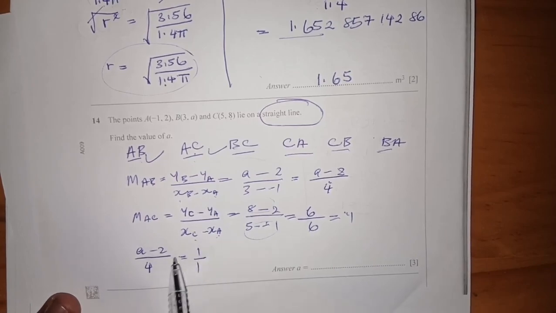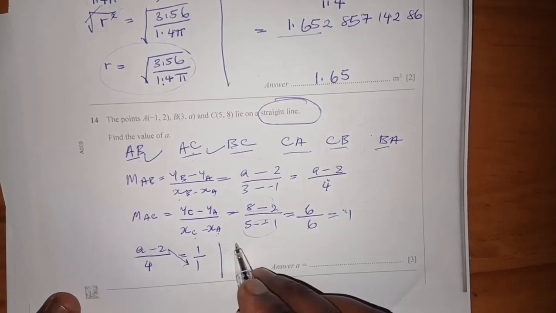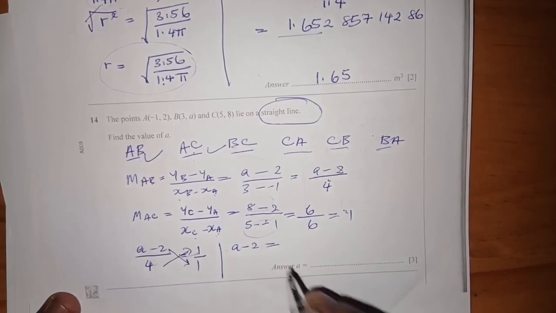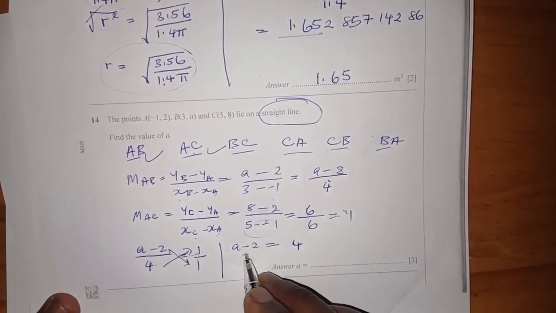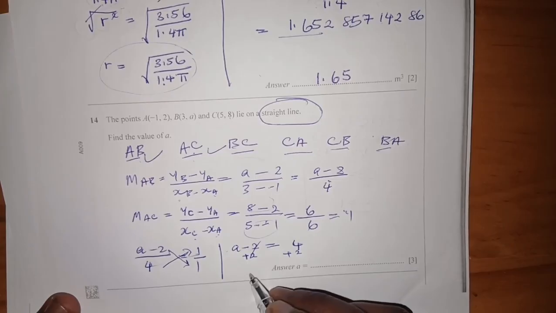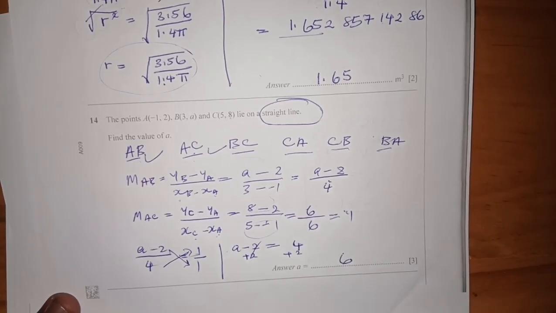Now let me cross multiply here. I'm getting A minus 2 being equal to 4 times 1. This is 4. Add 2 on both sides of the equation. Then my A is equal to 2 plus 4, which is 6.